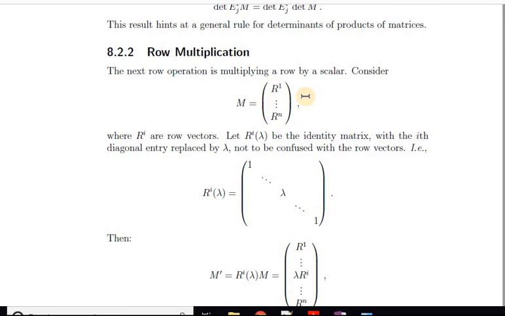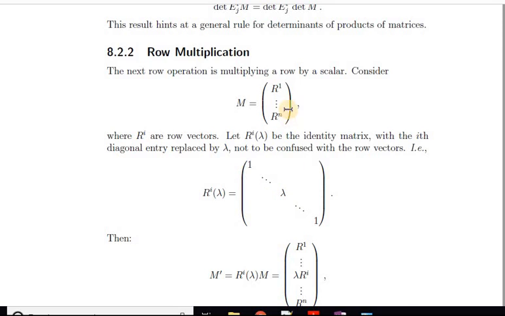To do a row multiplication, we can take the same strategy. To do row multiplication on a matrix, writing the rows like this, we can multiply it on the left by this elementary matrix, which is the same row multiplication accomplished on the identity matrix.